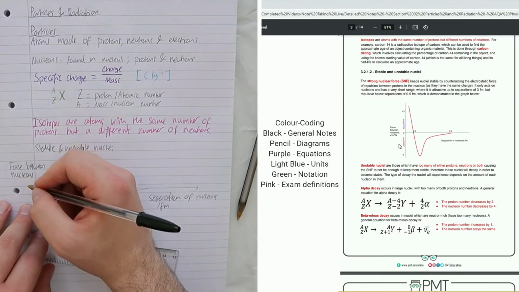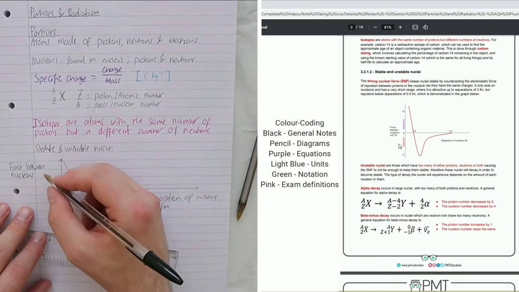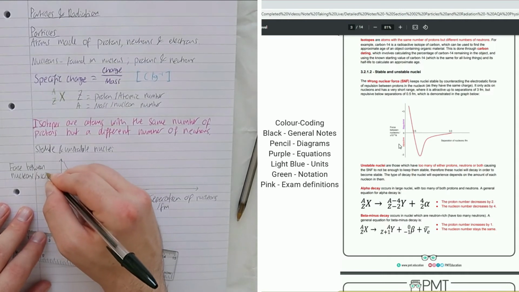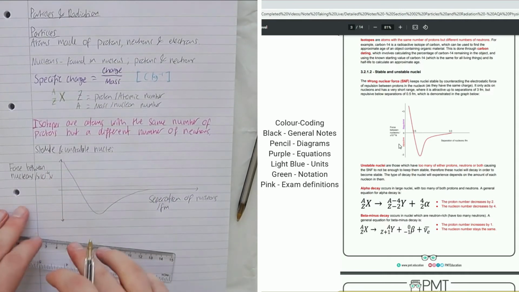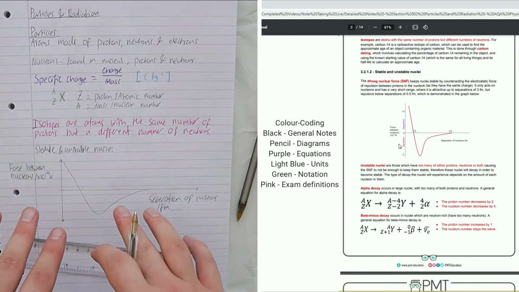And that's in times 10 to the minus 4 newtons. Cool. And now we actually want to add the values that we have.